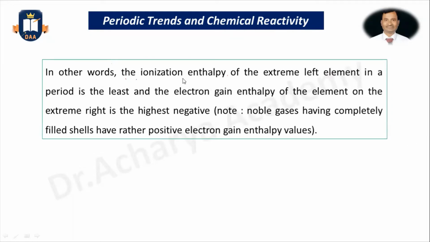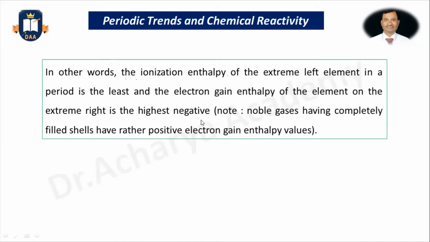The ionization enthalpy of the extreme left element in a period is the least, and the electron gain enthalpy of the element on the extreme right is the highest negative.